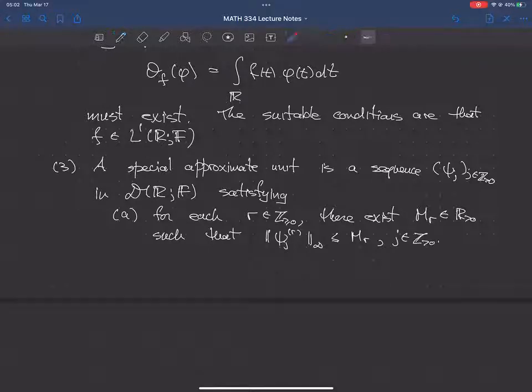So this means that the rth derivatives of the terms in the sequence are uniformly, independently of j, bounded by some number. This bound is allowed to depend on r. So you change r, then this bound can change. So it's not uniform in r, it's uniform in j.